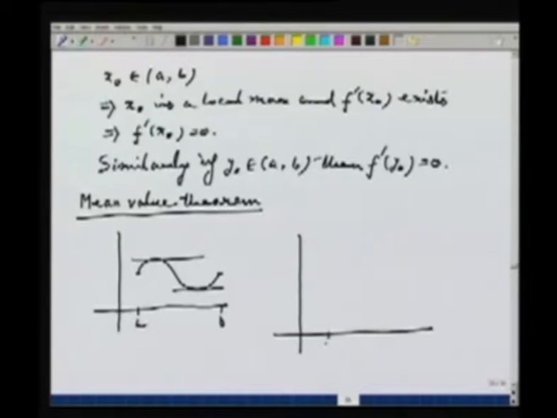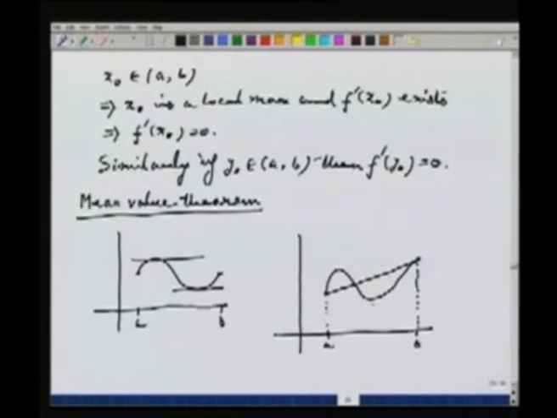suppose this f(a) equals f(b) condition is dropped. That is, the height of the function here is this, the height at b is something like this. So the height at b is certainly more than the height at a. Okay, and the graph of the function looks like this. Then what I do is I look at this line joining these 2 points.